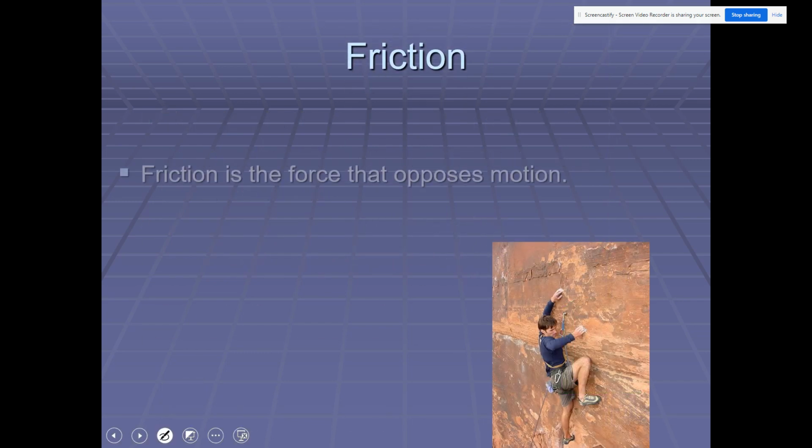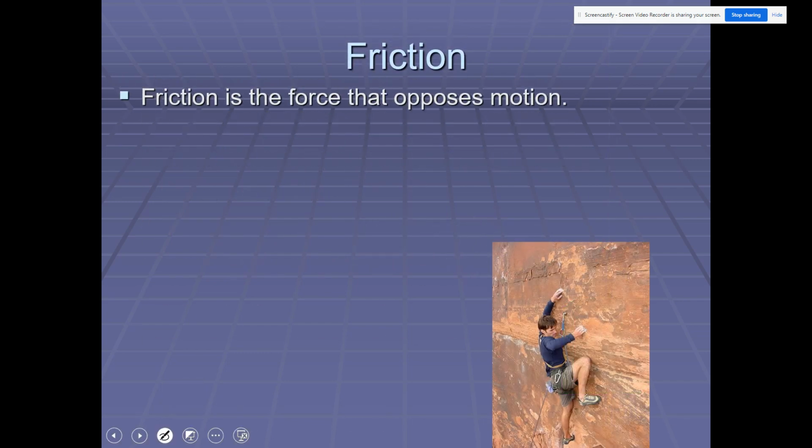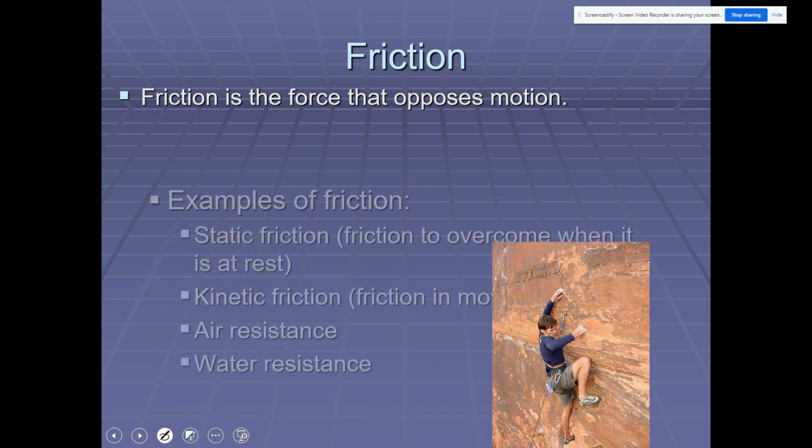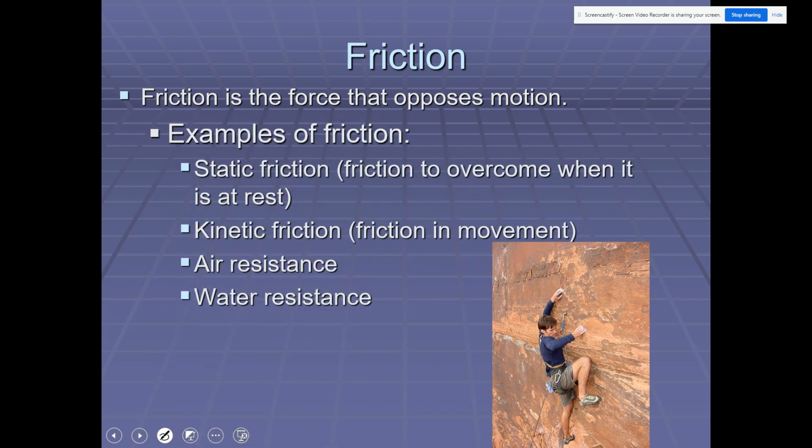Here's a good one, friction. A lot of times we'll say neglect the friction because frictional forces are sometimes very, very small. Frictional forces are forces that oppose motion, and they can either oppose motion when things are at rest, and that's called static friction. That opposes just getting something moving to begin with.